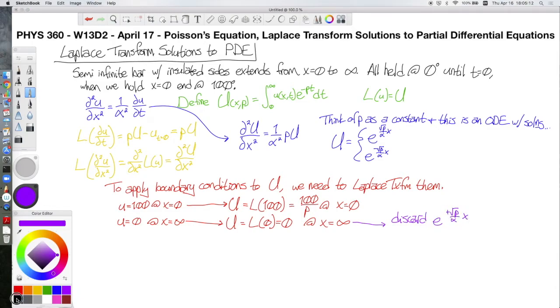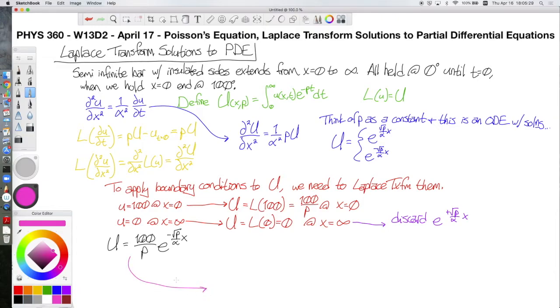So we can now write our solution, big U, as the following: 100 over p times e to the negative root p over alpha times x. And then we just Laplace transform this back.